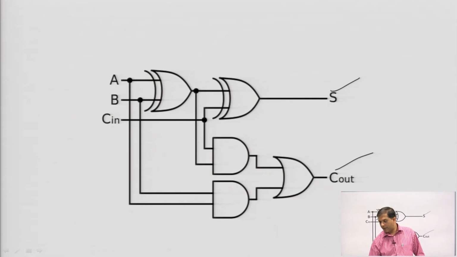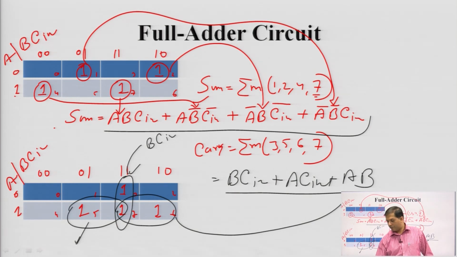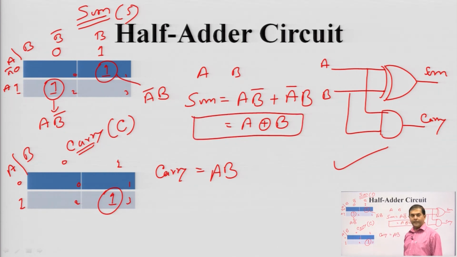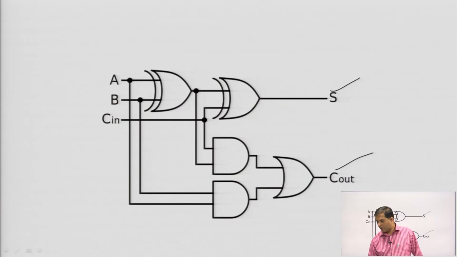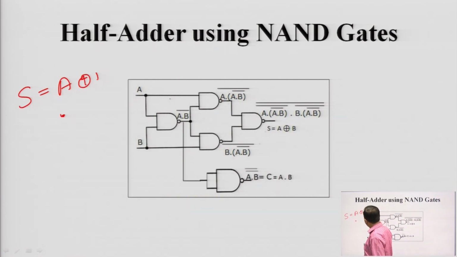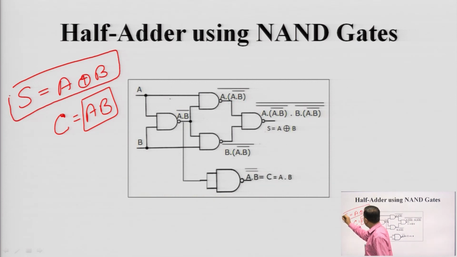Sum will be A XOR B and carry will be A B. This we have to implement using NAND gates.